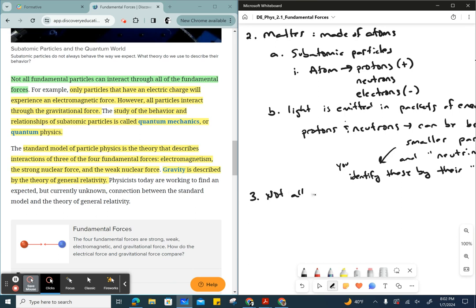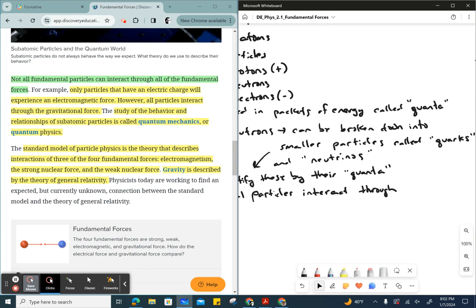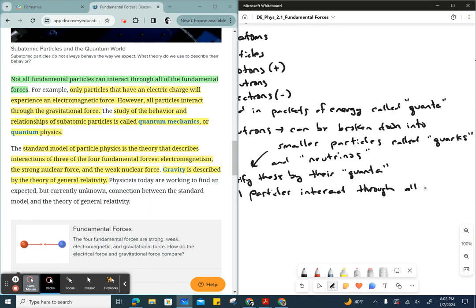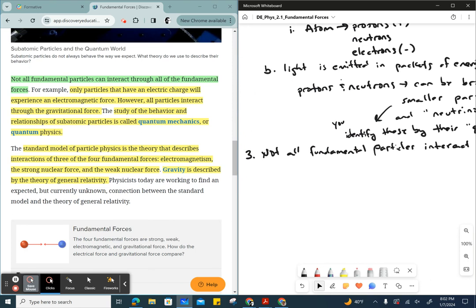Not all fundamental particles, right? We're talking protons, neutrons, electrons, atoms, neutrinos, quarks, not all fundamental particles interact through all four fundamental forces.